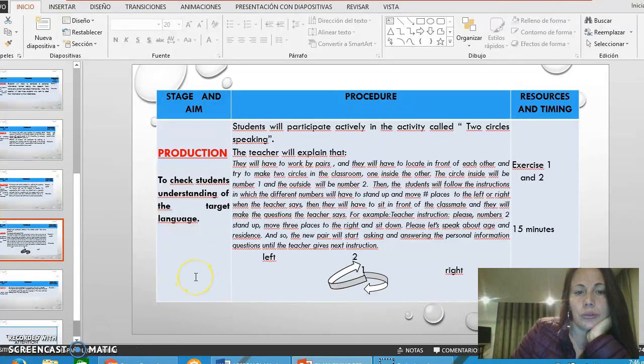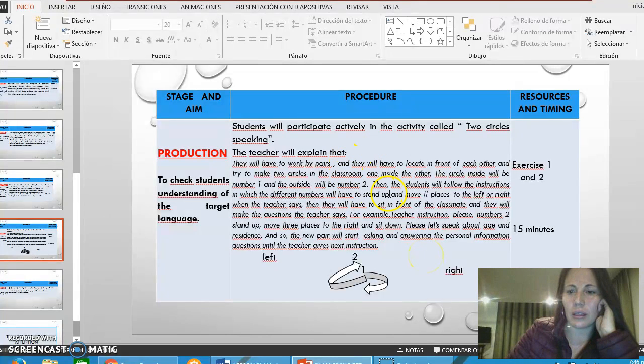They will have to use and produce the language that I need through meaningful communication skills. So students will participate actively in the activity called two cycles speaking. They will use all the questions and they will answer those questions.